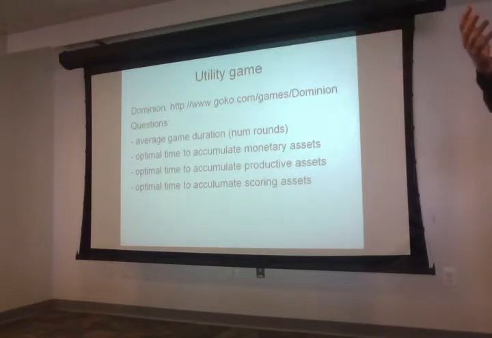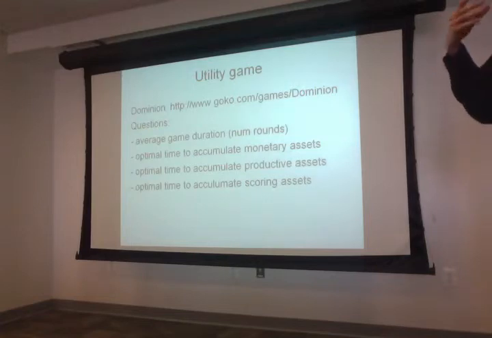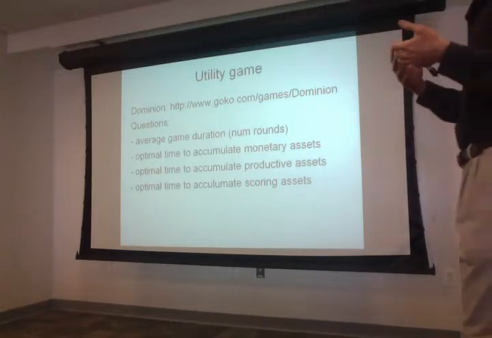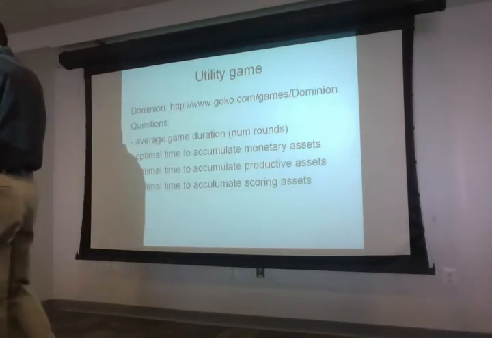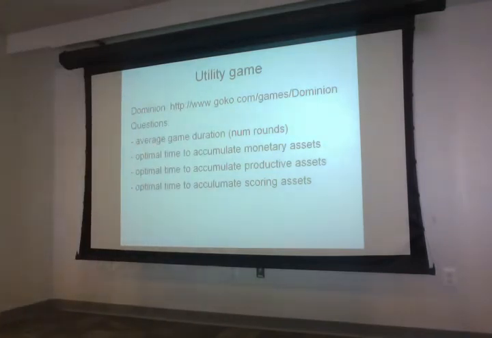And among those cards are certain action cards that let you do stuff. There are money cards that let you buy stuff, and there are scoring assets that just sit there, right? So in earlier stages of the game, you don't want to draw a bunch of cards and see you have a bunch of scoring assets that won't let you do anything, right? Because the goal of the game is to accumulate more assets, right?